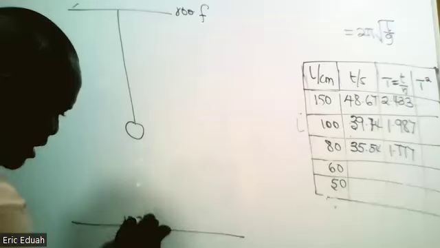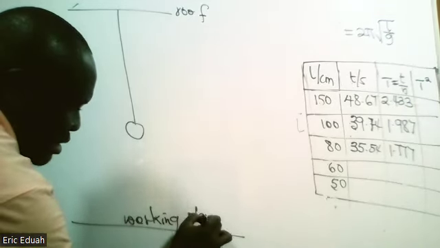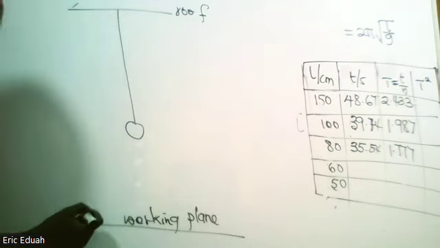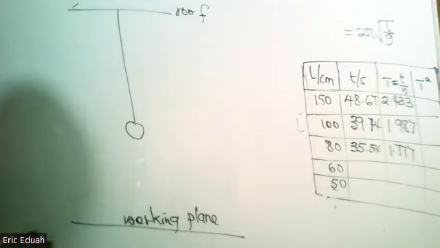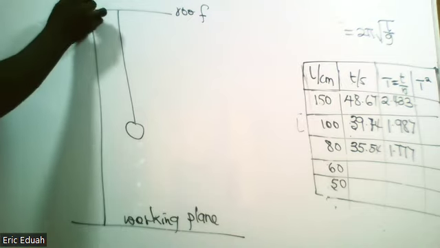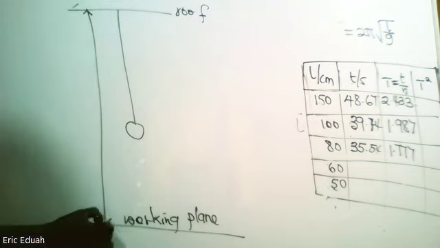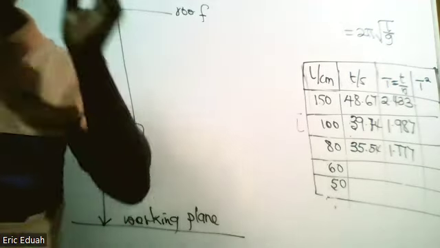In a factory, this is where machines and all the things that have to be installed are. You can't request for a ladder to measure from here to here. No. Instead, you can apply what we are doing in physics.